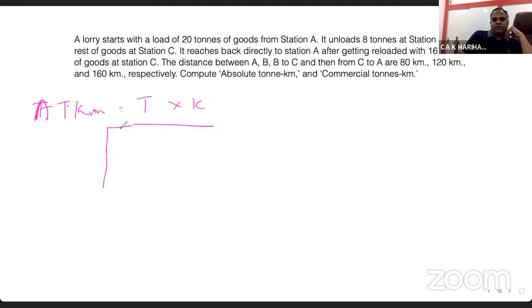How to compute it? A to B, B to C, C to A. A to B, how many tons does it carry? 20 tons.